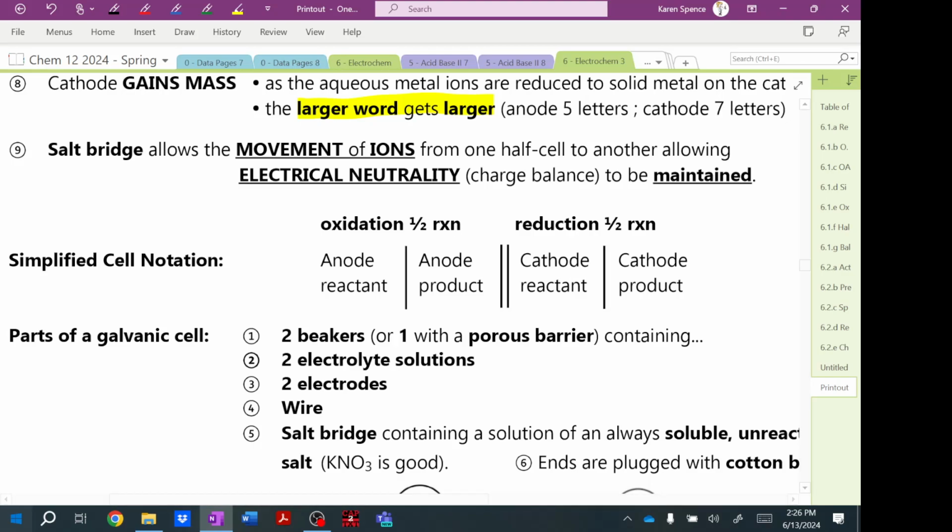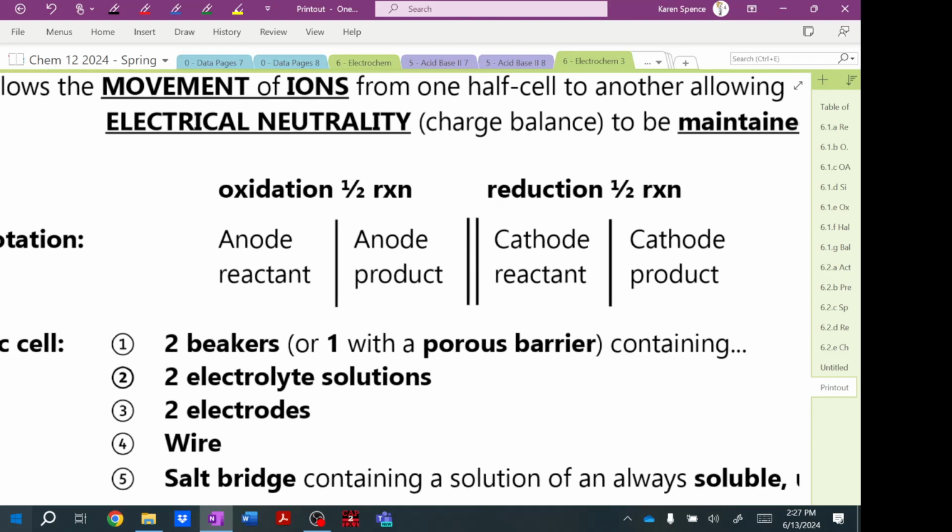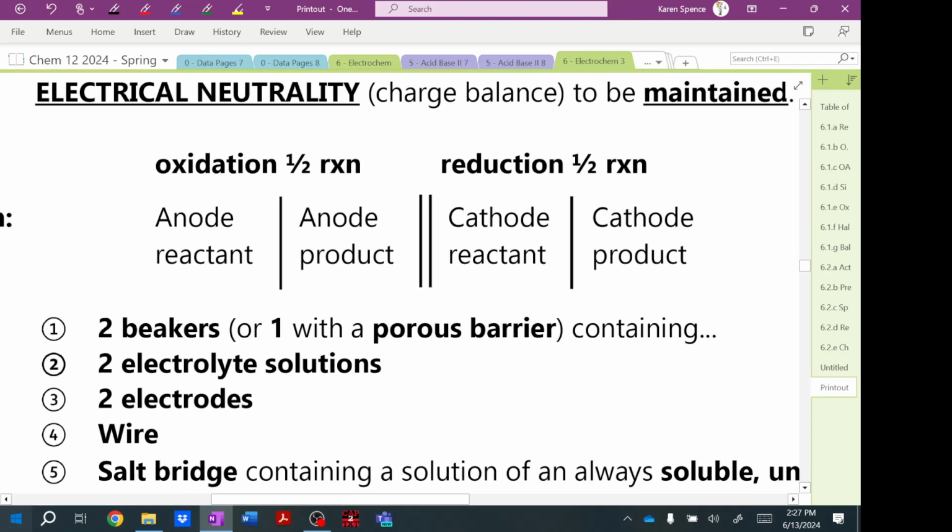You should be able to recognize the simplified cell notation, although you don't have to write it. Do you remember that from last day? The anode goes on the left and the cathode goes on the right. It goes in alphabetical order. This separates the two half cells.